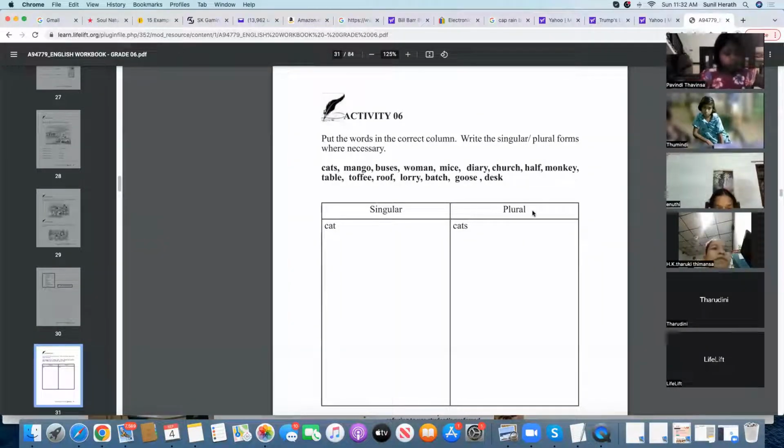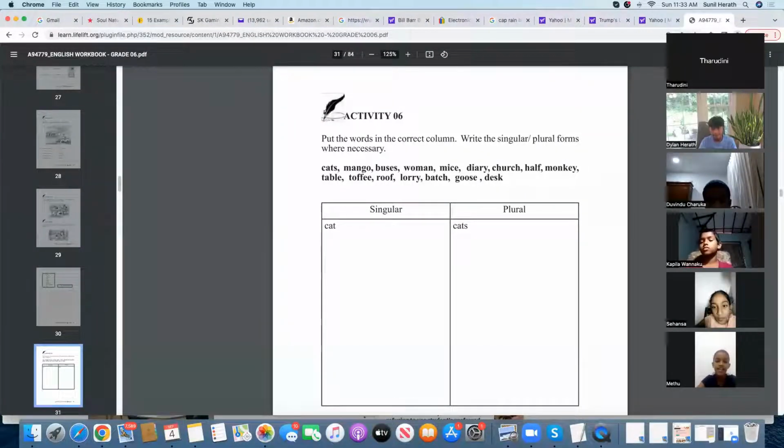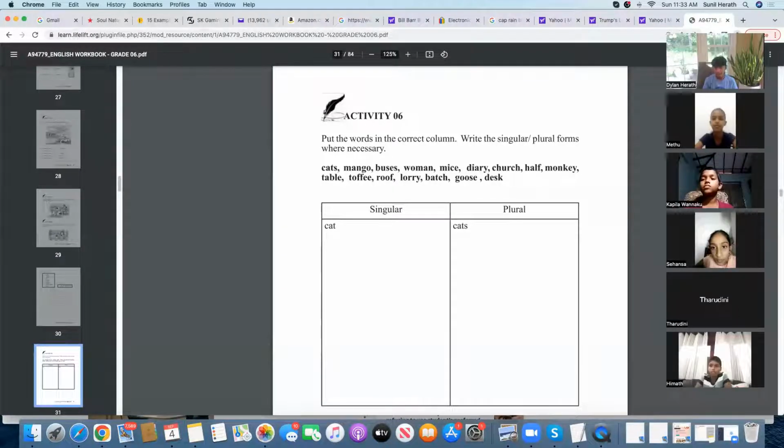Well, I'm asking, what is the plural version of monkey? So we know monkey is singular. So what would we have to add to make it plural? Monkeys. Yes, it would be monkeys. So, in this case, monkeys.